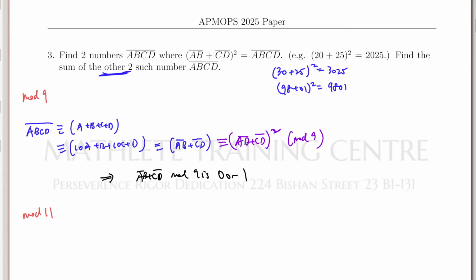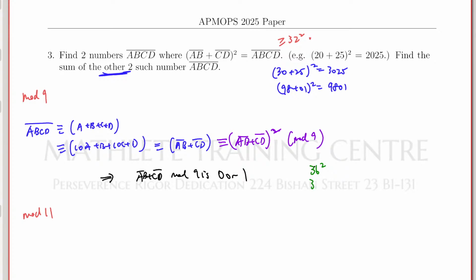Okay, so if you try to figure out what this could possibly be for a two-digit number squared, what you can see is that this square number is 0 or 1 mod 9. So what kind of square number can it be? Firstly, if it's a four-digit number, it must be at least 32 squared. So the first number of the form 0 or 1 mod 9 will be 36 squared.